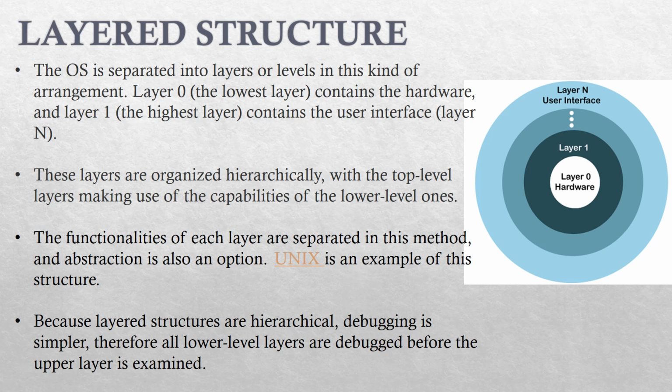The functionalities of each layer are separated in this method. We saw that in simple structure abstraction is not achieved, but here we can abstract the data. An example of layer structure is Unix. Because the layers are organized hierarchically, debugging is very simple. All lower layers are debugged before the upper layer is examined.